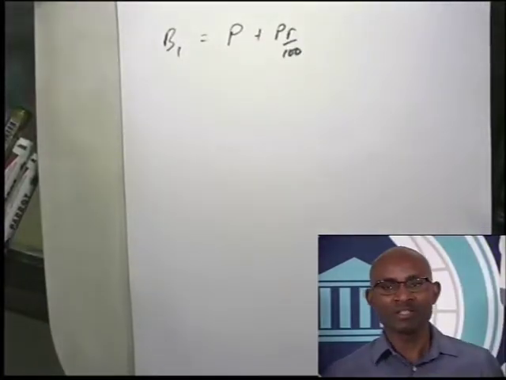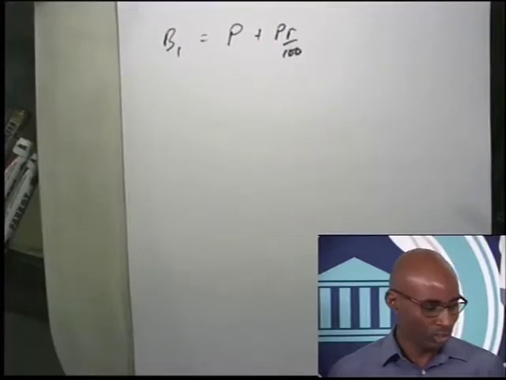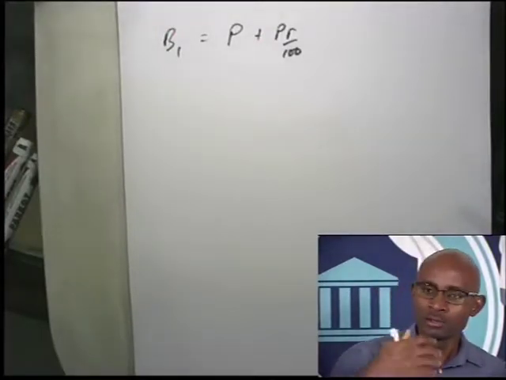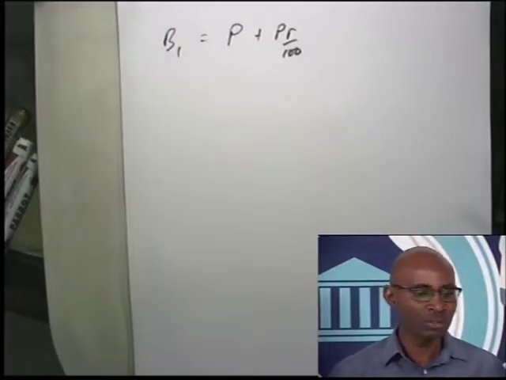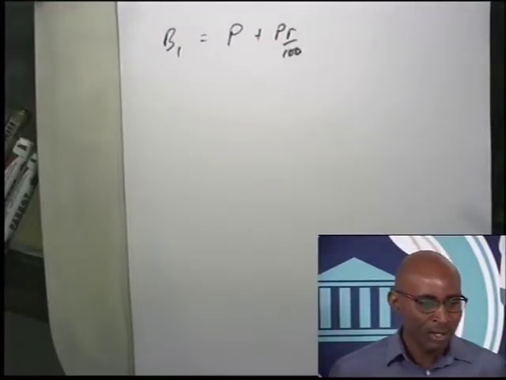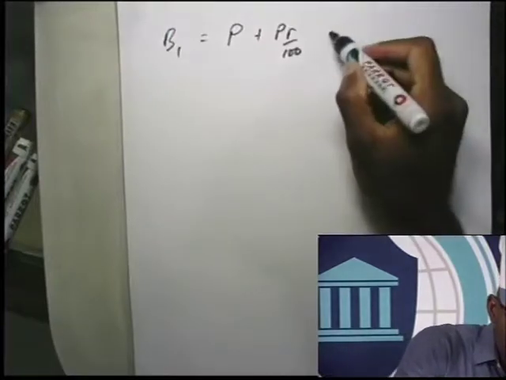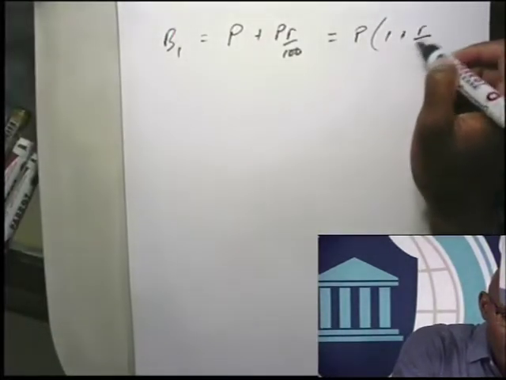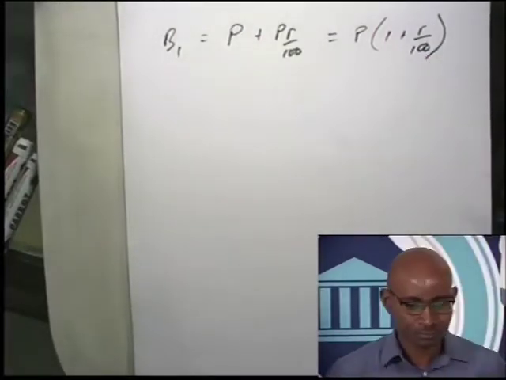Of course, your R, remember, is given as a percentage, and therefore we have to divide by 100. If we use the 6% that we had in the previous example, then it will be 0.06. And in the end, this will be P(1 + R/100).